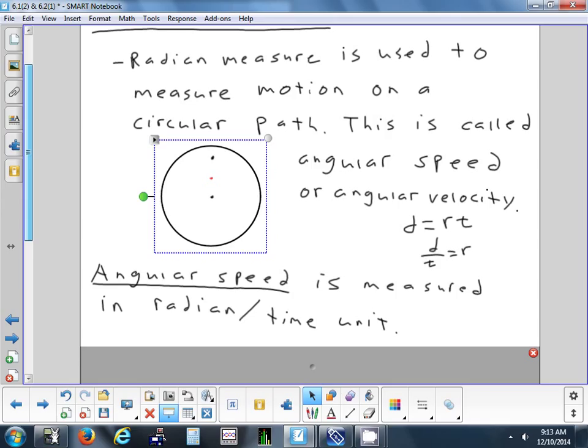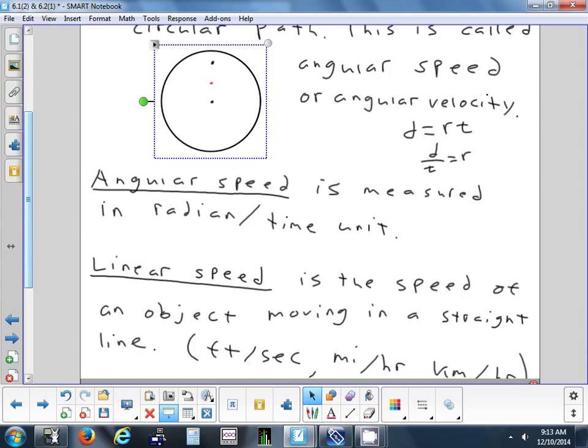That's RPMs, revolutions per minute. You could also do it in degrees per second or degrees per minute. But our book's looking for radians. And then just to compare that to linear speed, that's the speed of an object that's moving in a straight line. Okay, a lot of times we use feet per second, miles per hour, kilometers per hour, something like that.